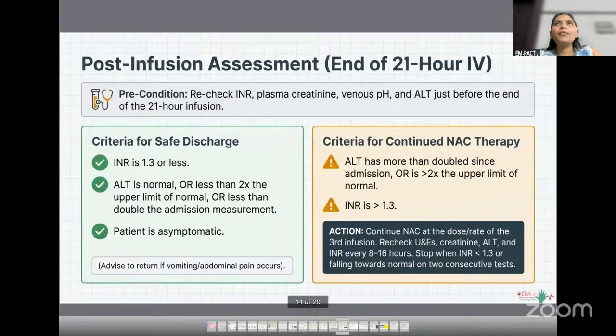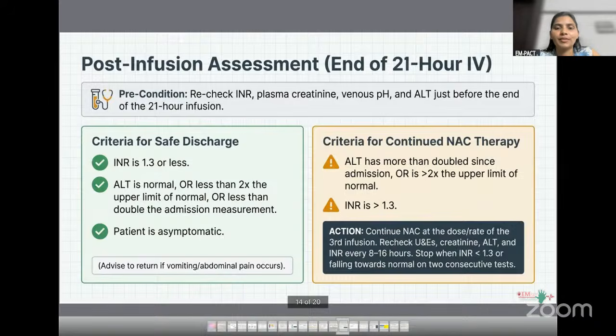Then, how will you decide whether we can discharge the patient or should continue the NAC therapy? At the end of the therapy, you should assess the patient's laboratory parameters: you should check INR and LFT. Serum paracetamol level also we can check. If the INR is 1.3 or less, and the ALT is normal or less than 2 times the upper limit, and the patient is completely asymptomatic, then you can discharge the patient.